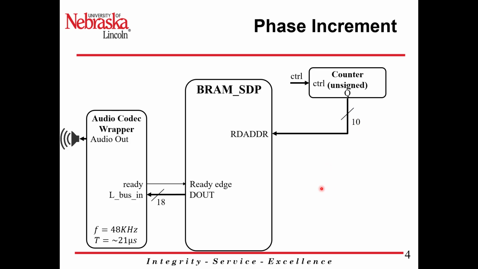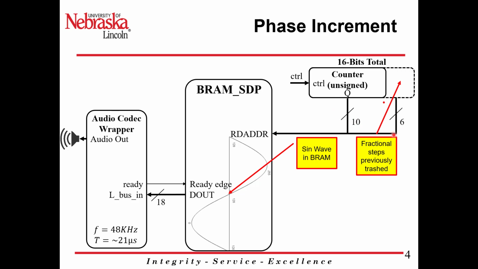That counter is going to be indexing into a lookup table, which will contain some sort of waveform, one cycle of that waveform. And that counter, typically we have the read address only reading 10 values.